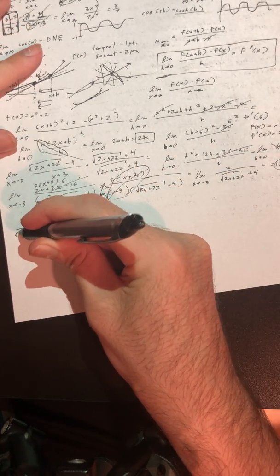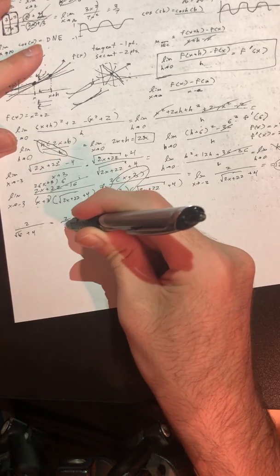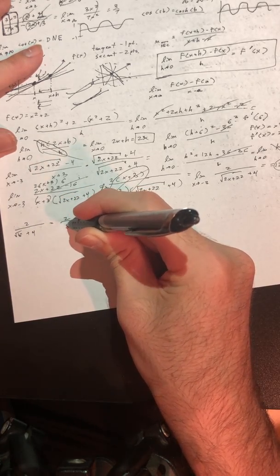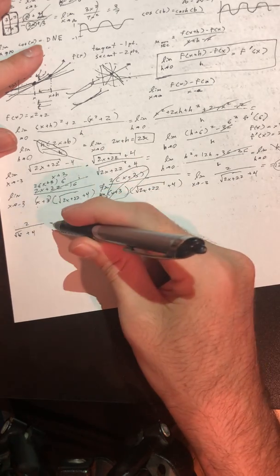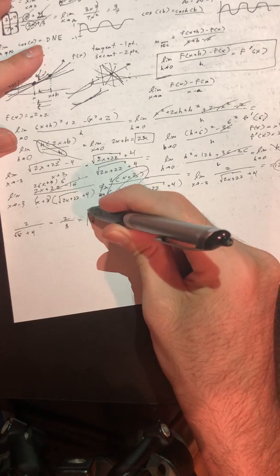So the square root of 16 plus 4, which is 2 over 4 plus 4, which is 2 over 8, which is a fourth. The answer is a fourth for that.